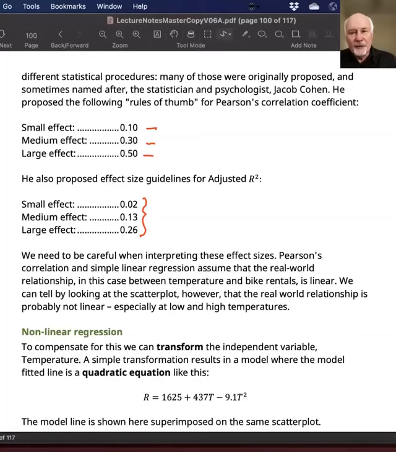And what we learned was that different disciplines really have different standards. Some disciplines, I won't mention any names, would regard effect sizes like this as ridiculously small, and other disciplines would regard them as huge. It depends a lot on the kind of data you're working on, the kind of models, and so on.